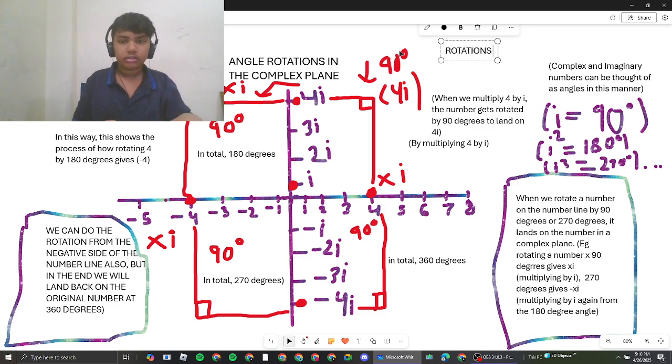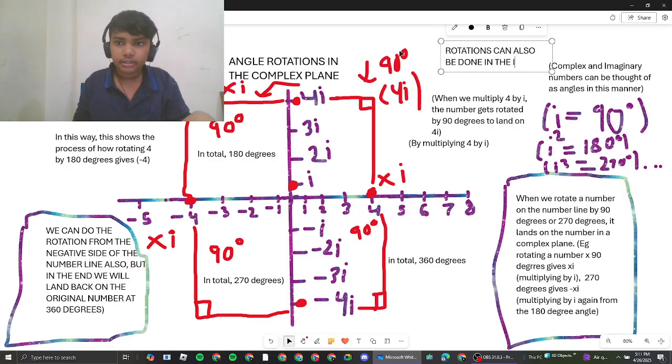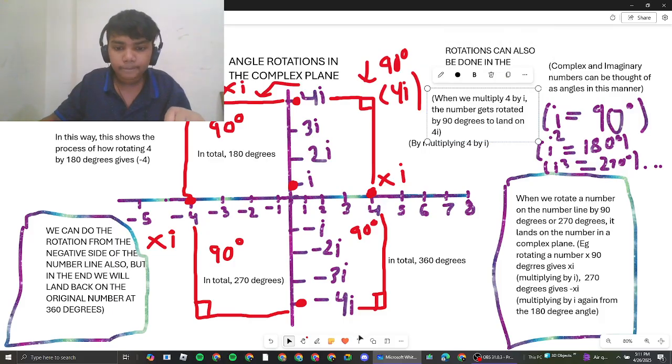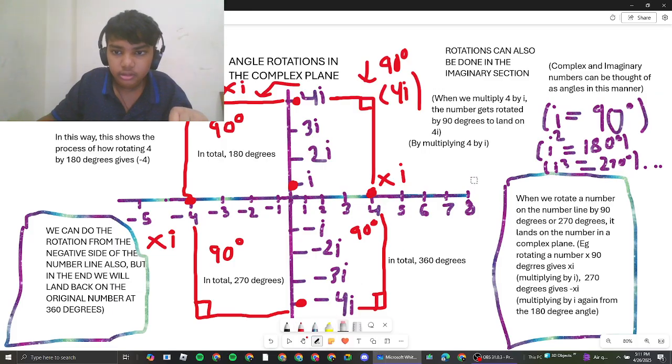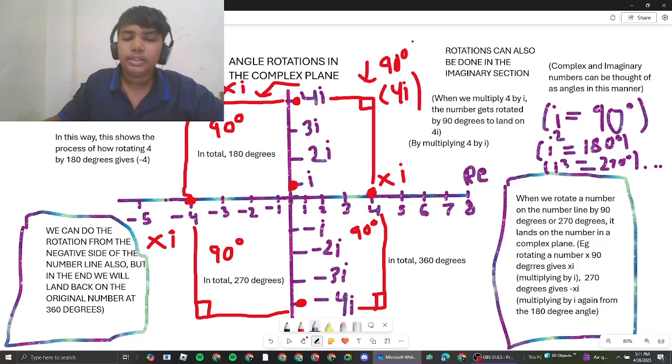Rotations can also be done in the imaginary section. Okay? I didn't write this: this is real. I forgot to write the starting. This is real, and this is imaginary.